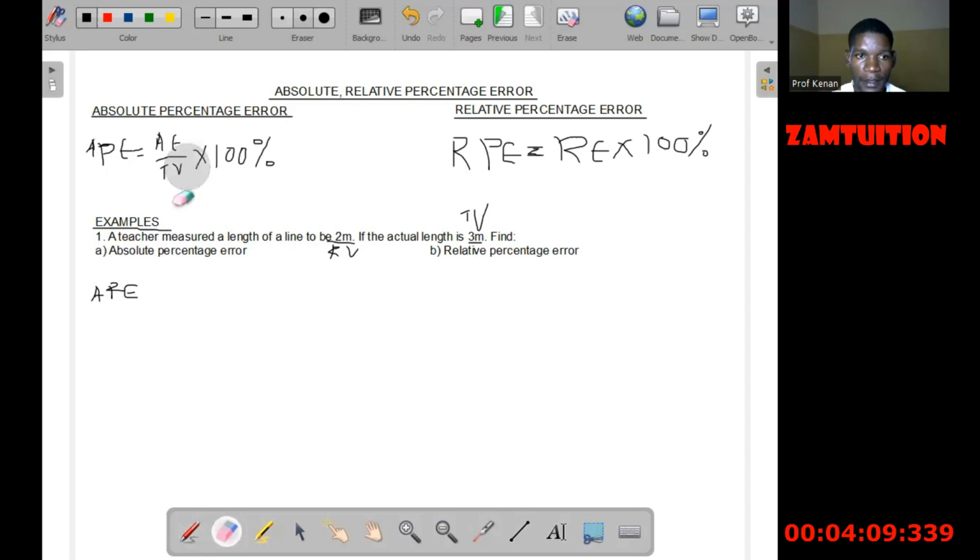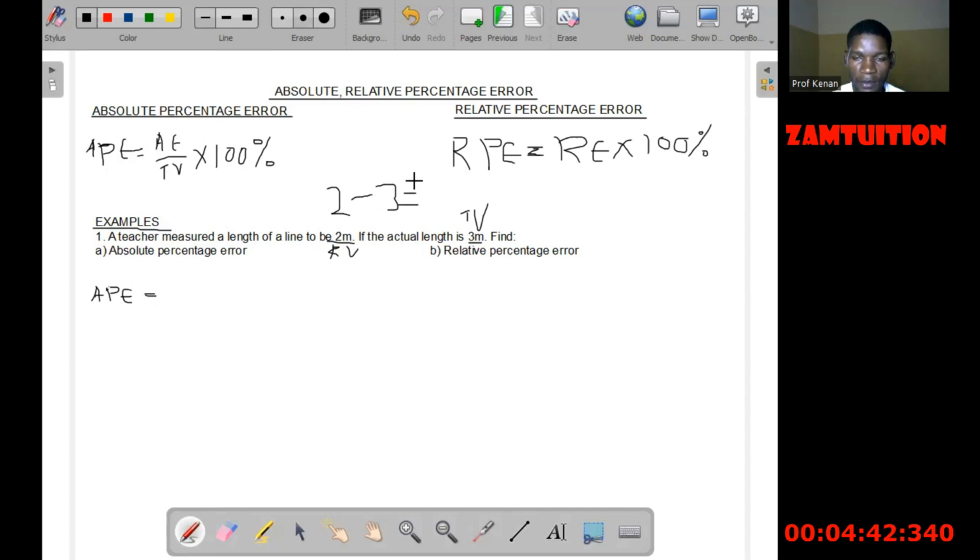Absolute percentage error is equal to the absolute error. In the previous video, we found the absolute error by subtracting: we subtract the recorded value, 2, take away 3.